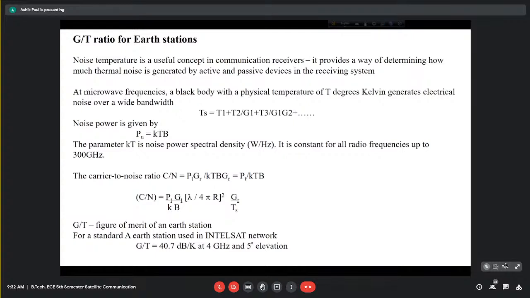So that is why it becomes important to specify the elevation of that particular radio link. Usually this value is with respect to 5 degree elevation, but it is not advisable to go for satellite links at low elevation angles of 5 degree or so.